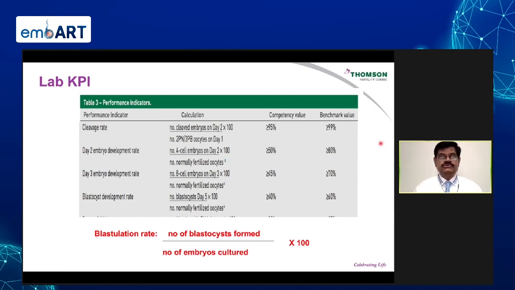And when it comes to day 2 and day 3 embryos, you see the number of embryos with four cells on day 2 or eight cells on day 3 upon number of normally fertilized oocytes. And if you achieve more than 45%, you are very good, or 70 or 80%, you are excellent. And the blastocyst rate, I have explained to you already. So my way of calculation is number of blastocysts formed upon number of embryos cultured to day 5.